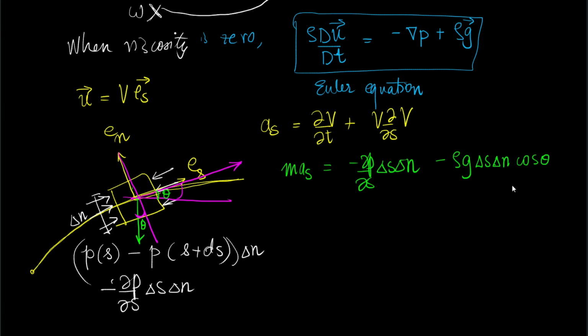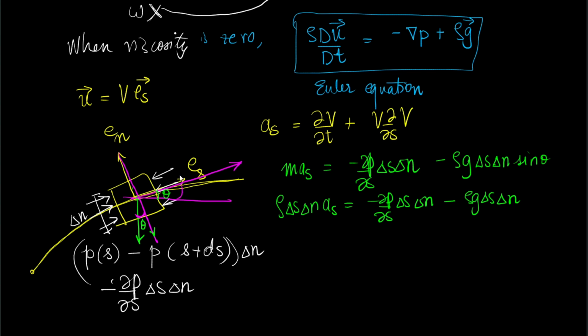Oh, rather it won't be cos theta, it will be sin theta, because the projection of this gravity force in the cos direction will be along the n direction, not the s direction. So the mass here will be rho times delta S times delta N times a_S is equal to minus del P del S delta S delta N minus rho g delta S delta N times sin theta. Now the sin theta will be equal to what?